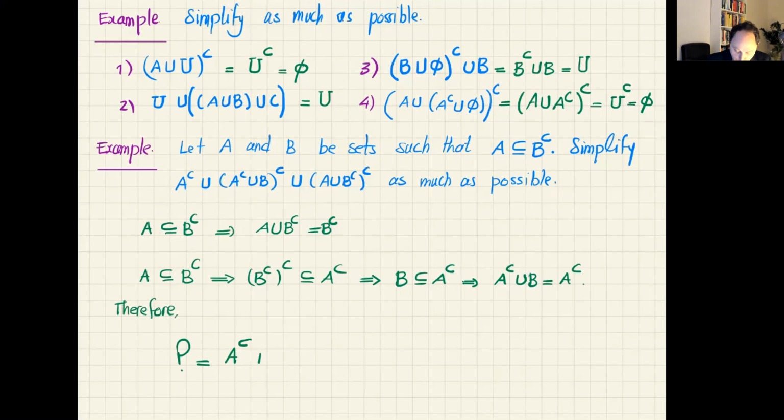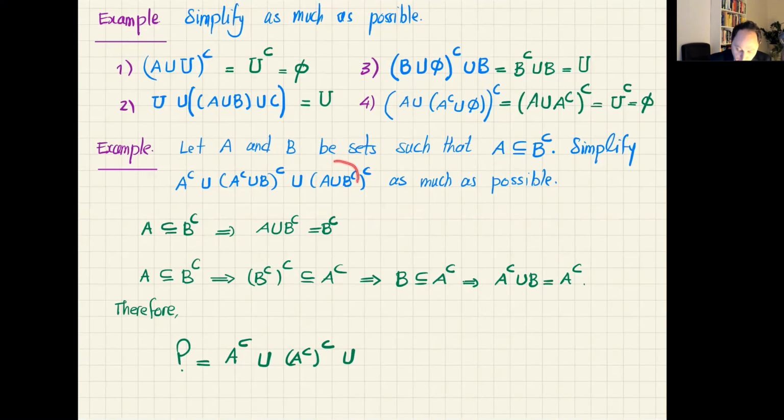And then union, instead of this inside the pair of brackets, you see I can put A complement, but I have another complement on top of that. So it becomes A complement, complement. And then union, if I go here, the answer is B complement, but I have another complement on top of that. So it becomes B complement, complement.